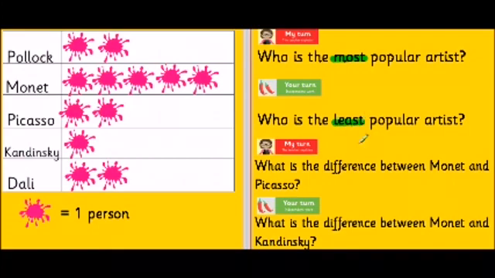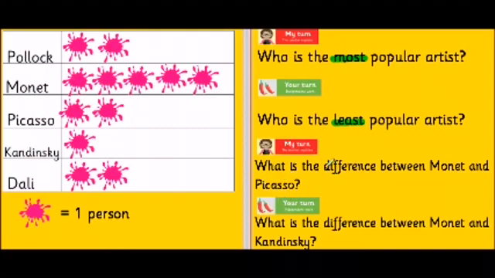I'm going to highlight the word least because I want you to have a little think. So you can pause the video if you like and have a little think. Okay, we can see again very clearly from our pictogram that Kandinsky is the least popular artist because only 1 person voted for him, and that was me.